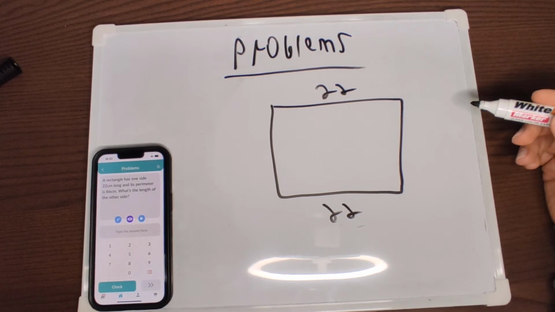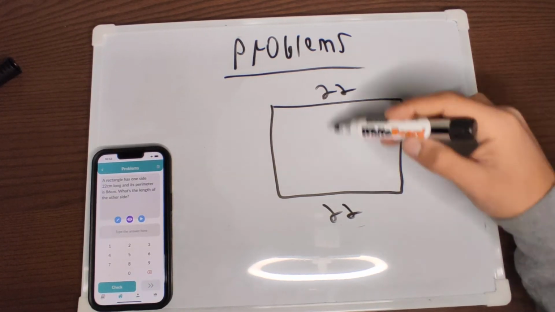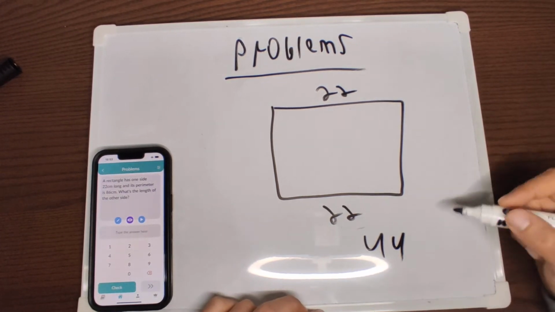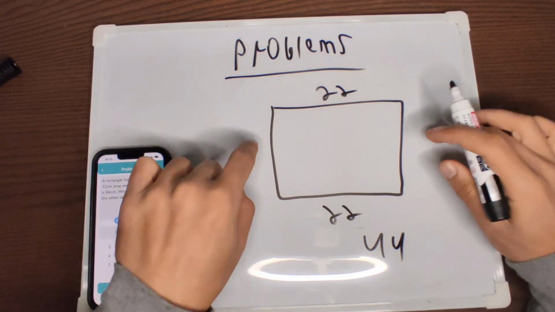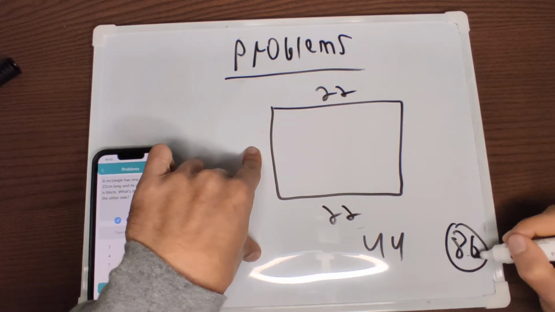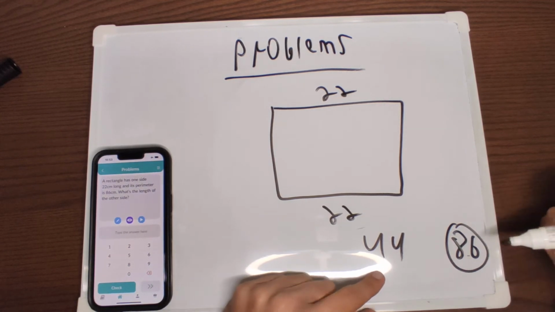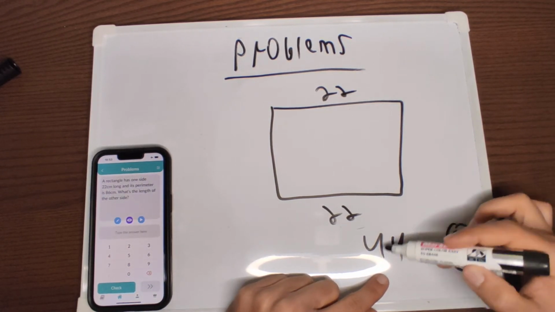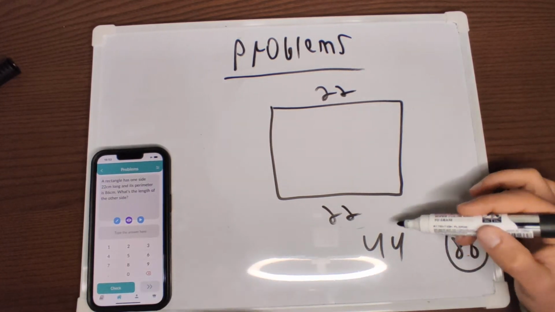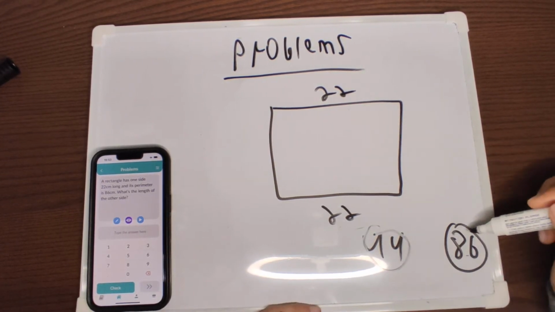Let's think about it. Okay, so we know those two edges, 22 plus 22 is 44. And we know that plus those two, it should result in 86. So wait a second, how many centimeters do we have here, and how many centimeters do we need to add to get to this?